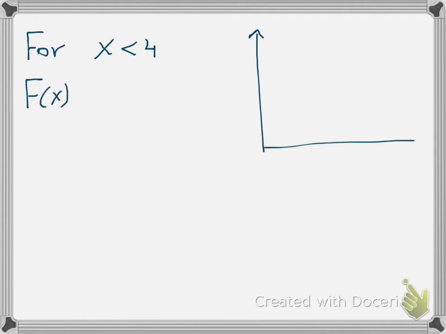You can say for x between 2 and 4, or just say for x less than 4. What is the cumulative? Let's draw again. This is 0, this is 2, this is 4, and suppose your x is somewhere here.